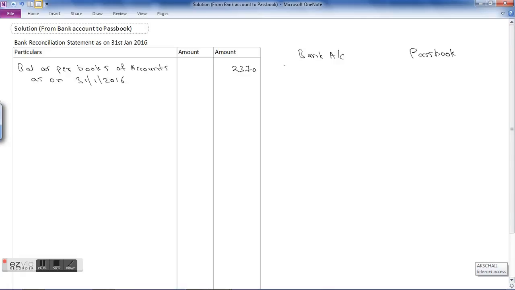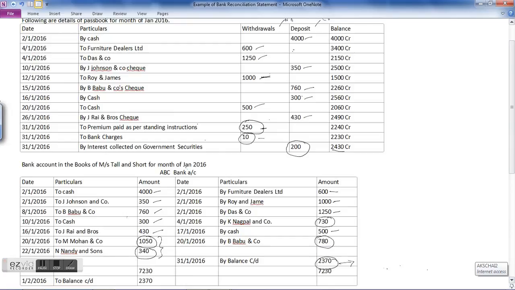So bank account, for calculation purpose we'll take 10,000 only. 10,000 debit balance, and as per passbook 10,000 credit balance. Now what has happened is, as per passbook, these two transactions, that is 250 and rupees 10, that is 260 rupees, have been debited to your bank statement, but the same has not been recorded in your bank account.